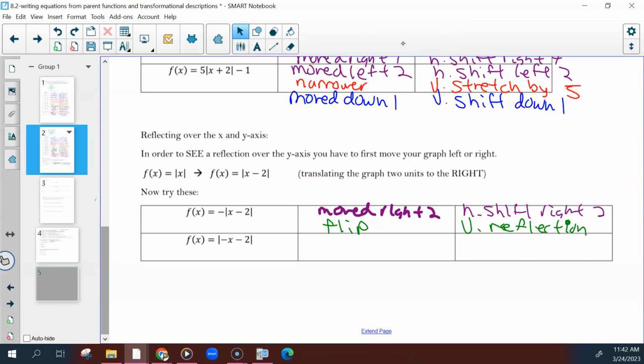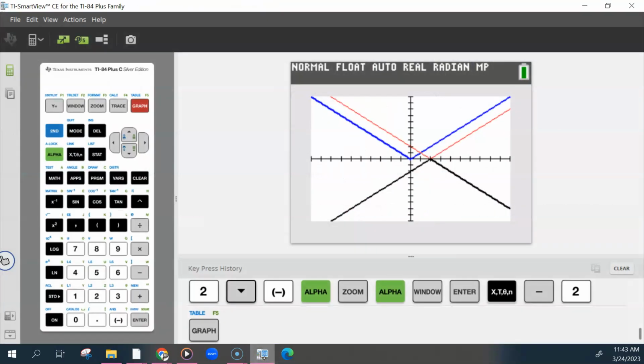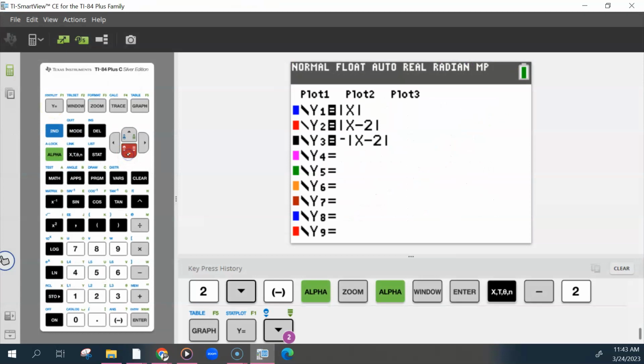Now in the graph, I'm going to have these two stay there, but then change that last one to this one, and we'll see what happens. So if you still need to write that down, I'll come back to it. Now the negative is being moved to the inside.